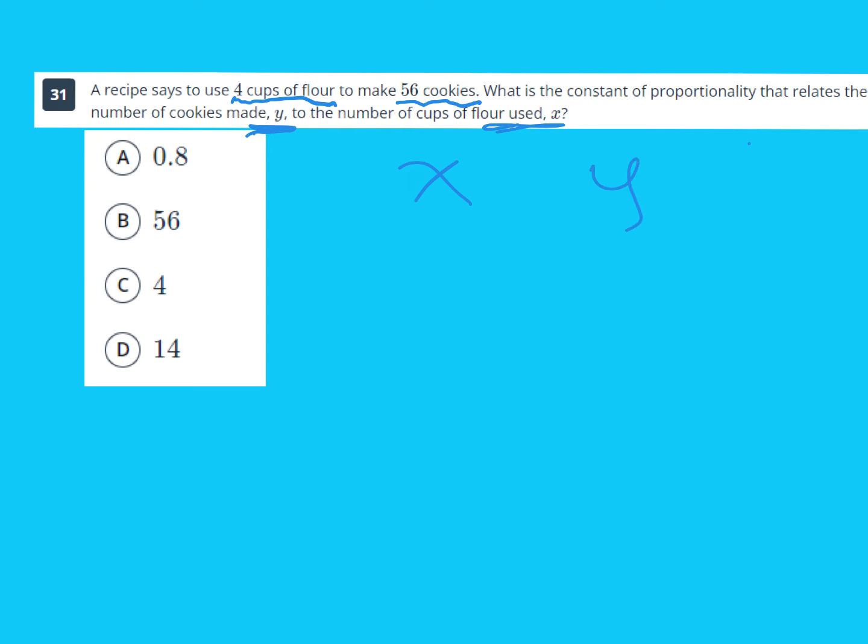X, y, flour, and cookies. How much flour? So there's 4 cups of flour to 56 cookies. Okay.